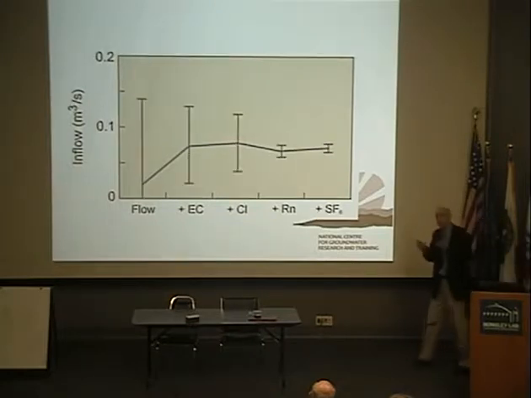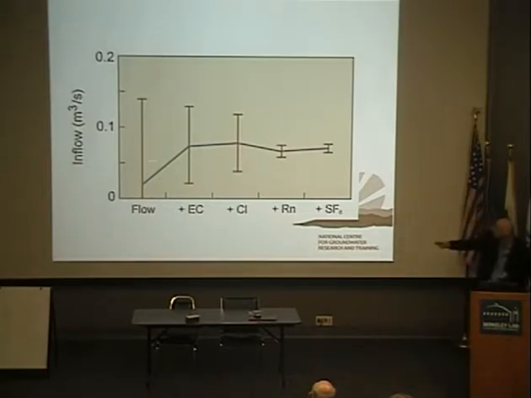But most interesting are the error bars when we use PEST to calculate the error. You can see they're actually all consistent within the error. And when we just had flow data, the error was actually this big. As we progressively add data, the error decreases. When we added EC, it decreased a little bit, chloride a little bit more, radon it decreased quite a lot in this case. And when we did the gas exchange experiment, the error decreased a little bit further.